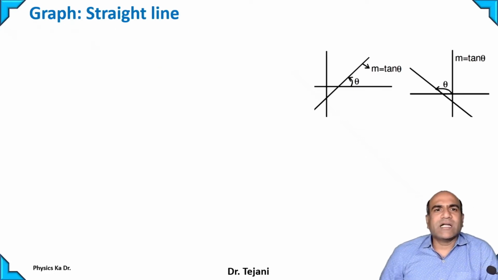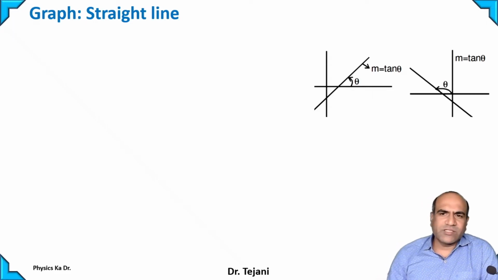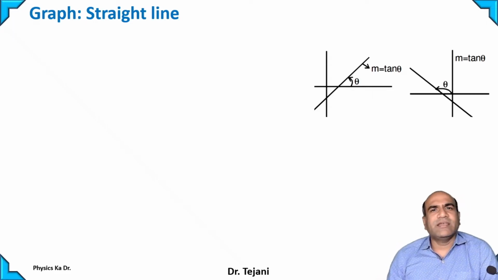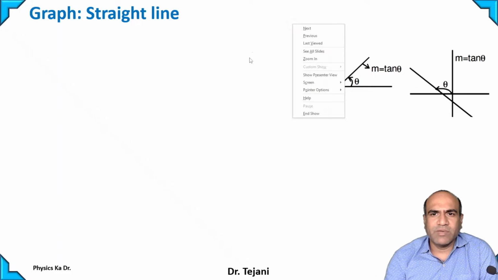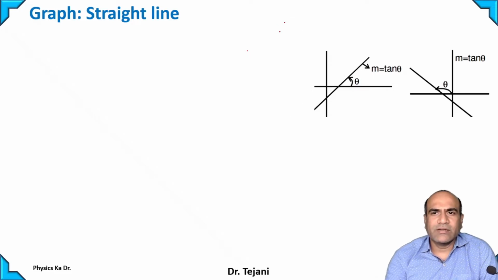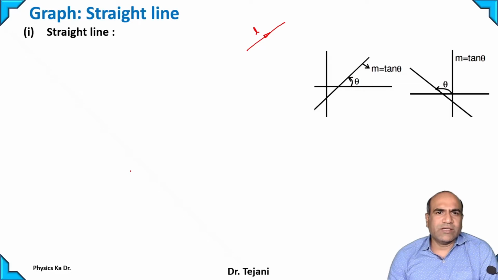First, let us start with various graphs with the use of a straight line. You know the straight line means the shortest distance between 2 points. If I take point A and point B here and join them with the shortest distance, that becomes a line. That we know already. So we are starting with a straight line.